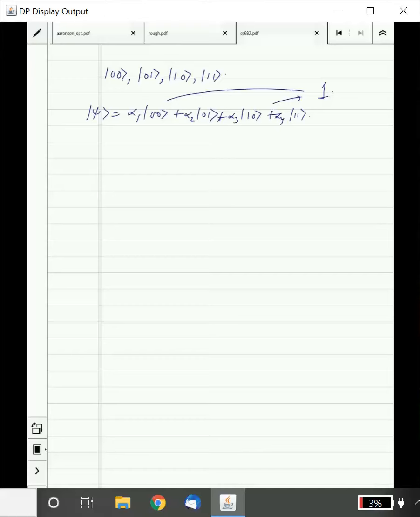This was the basic way of representing states in a quantum system, or in a quantum computer, I would say. This is our model. We also noticed that the gates which we can apply on these states have to be unitary.